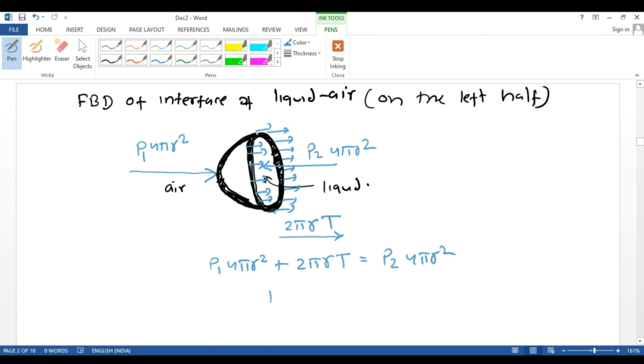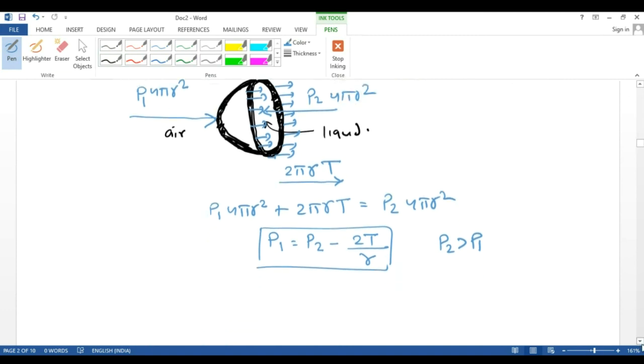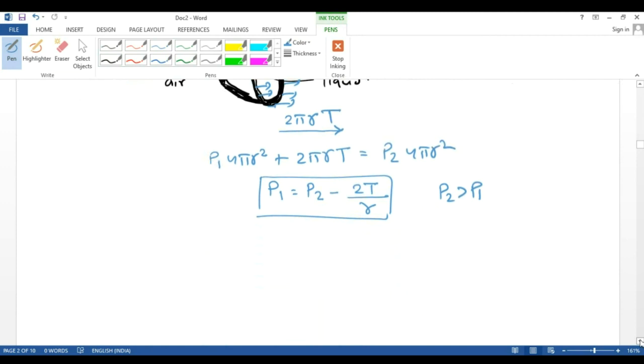So if you just solve, you will get P1 is equal to P2 minus 2T divided by R. Right. So you can see that P2 is greater than P1, and the pressure difference is 2T by R.